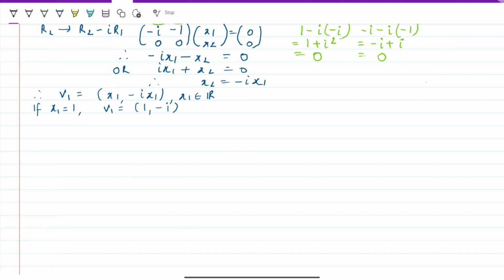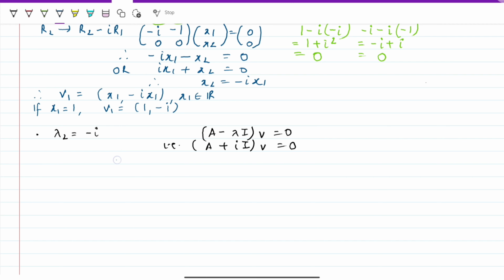Now let us check for lambda 2 equal to negative i. Again we begin with the equation A minus lambda I times V is equal to 0. That is A plus i times of I into V is equal to 0.